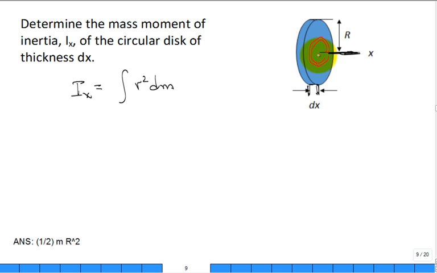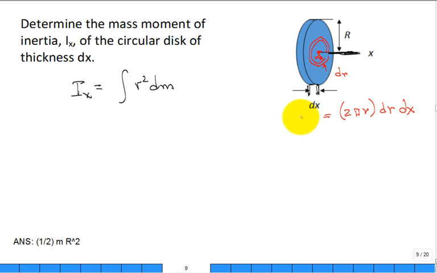And so this thickness of the ring is dr. And what is the circumference of that ring? 2 pi r, where r is the distance from the center all the way out to that current location of the ring. Isn't that the circumference, 2 pi r? All right, so if I take the circumference multiplied by the thickness dr, that gives me an area, and then I push it a dx, that gives me my volume.